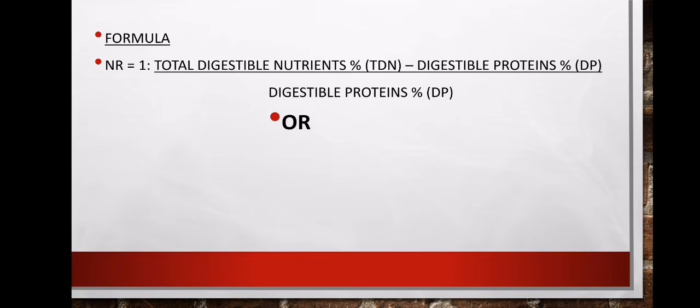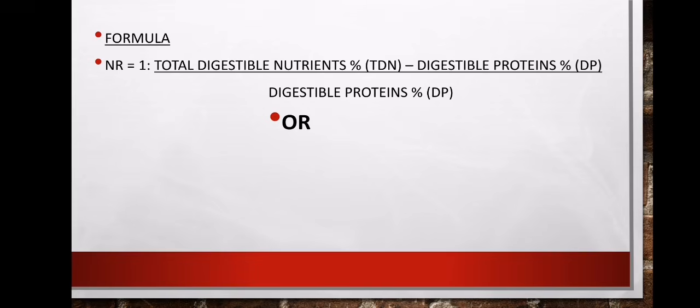We have the first one, which says NR is equal to 1 is to TDN minus digestible proteins, which is DP, divided by DP. Let's look at it. It's NR is equal to 1 is to TDN, which is total digestible nutrients, minus DP, which is digestible proteins, divided by DP.